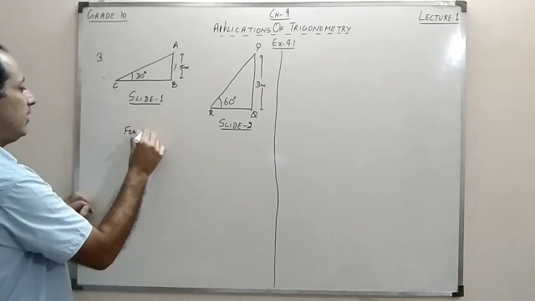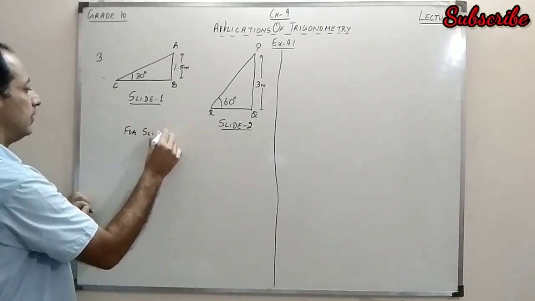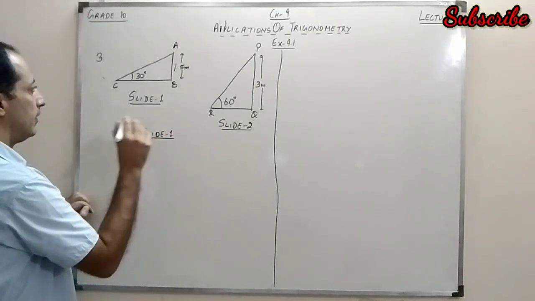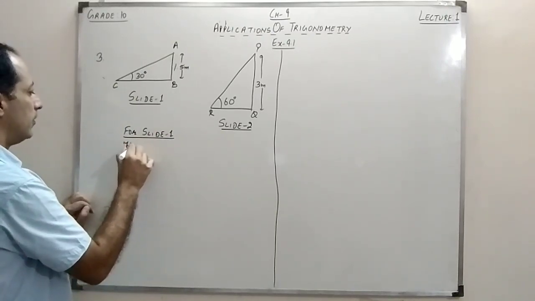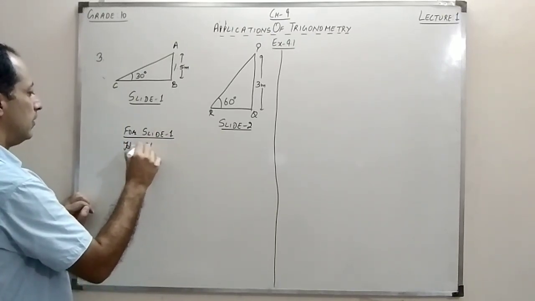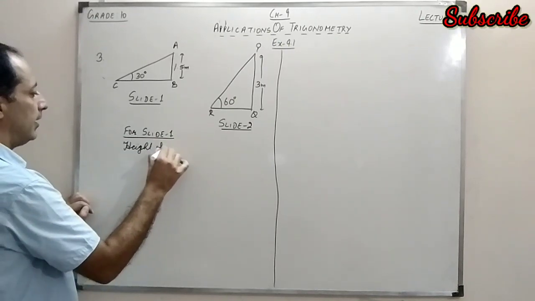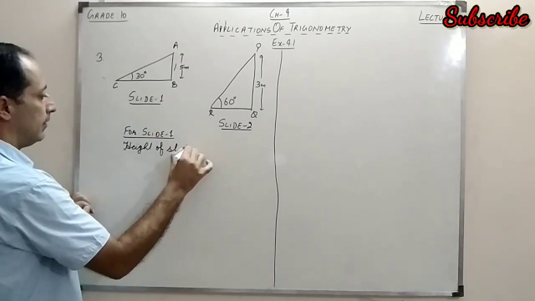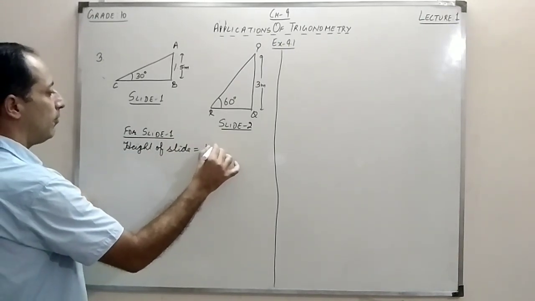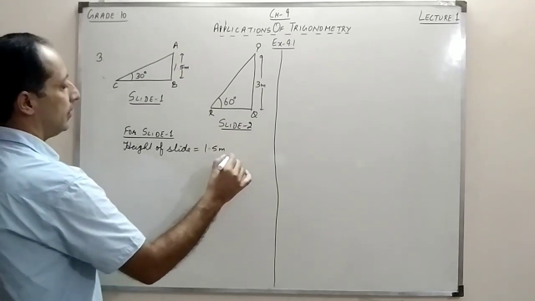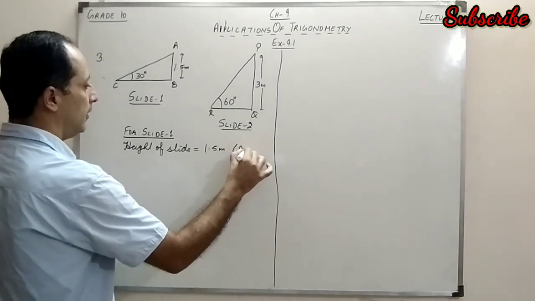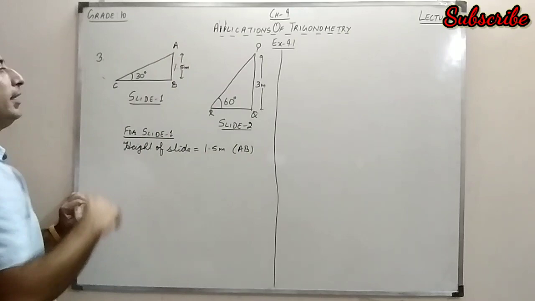So for slide 1, what we have? Height of slide is equal to 1.5 meter and this is basically our AB. We need to find the length of slide.